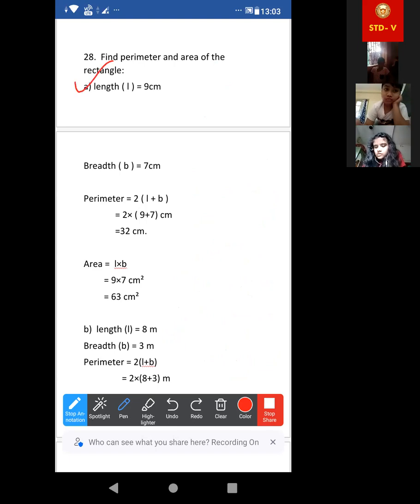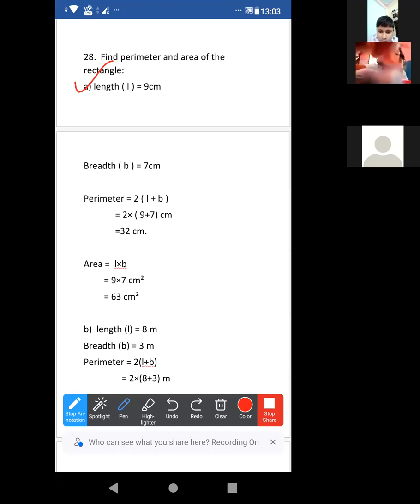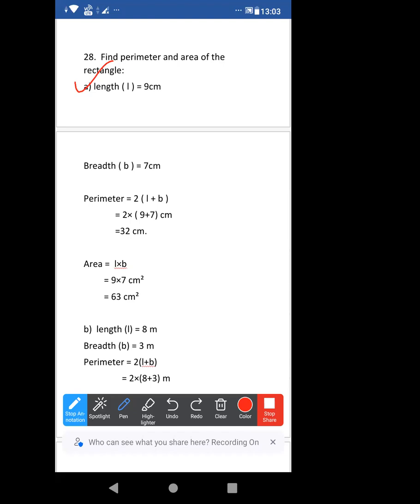Number A, look at the question. The length is given. Basically the length is greater than the breadth. In the question, it is given 7 meter and 9 meter. As 9 meter is greater than 7 meter, we have taken 9 meter as length. Is it clear?